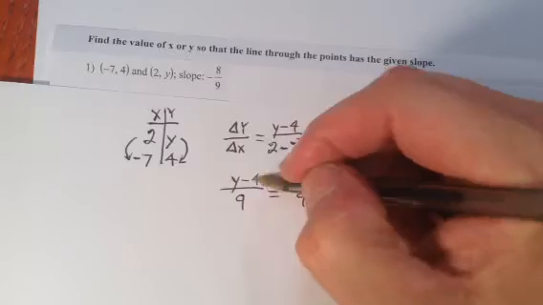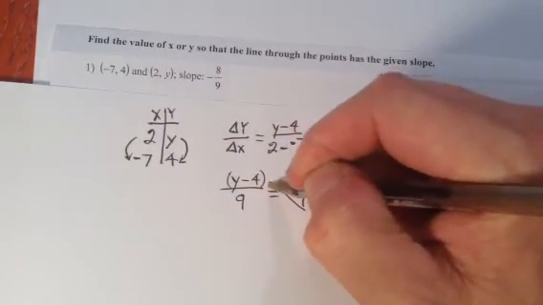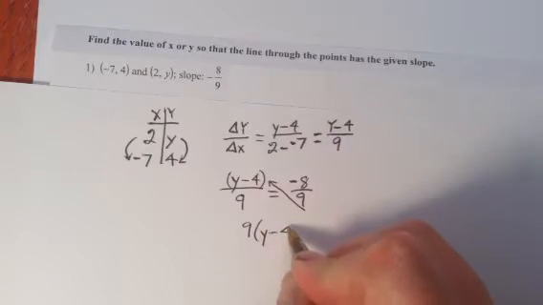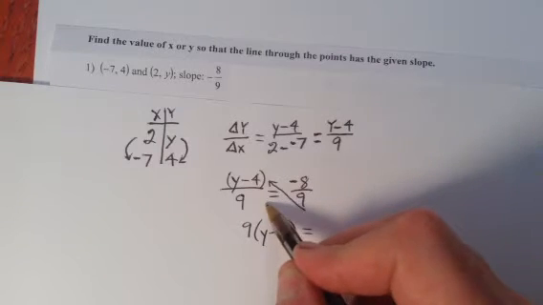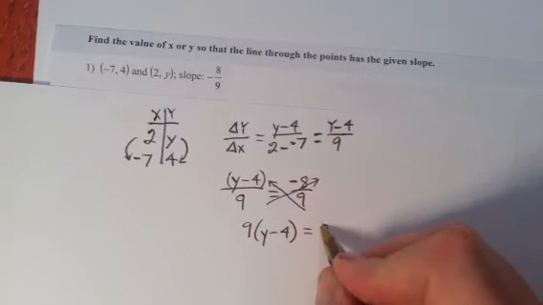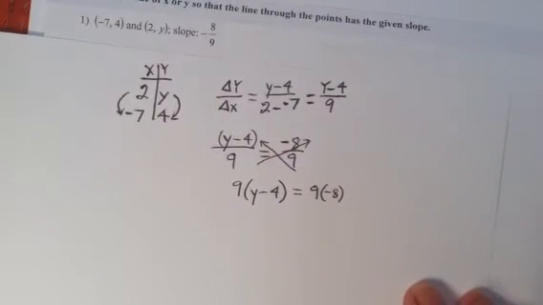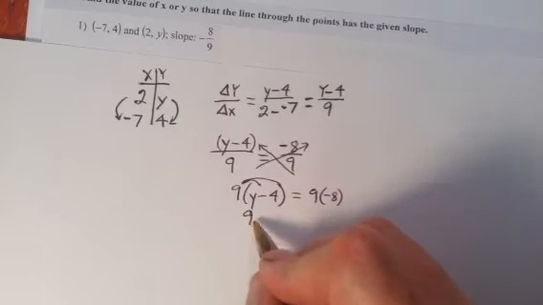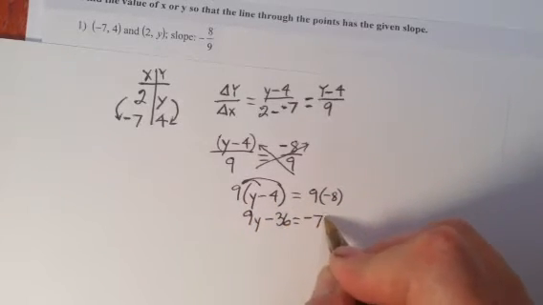Now, the fraction bar is a grouping symbol, so put parentheses around this, and we're going to multiply 9 times this group. So 9 times the group (y plus 4) will be equal to, because it's a proportion, this is middle school math, 9 times -8. And hopefully by now this is starting to look familiar. We're going to distribute, like for 6 weeks. 9y plus 36 is going to be equal to -72.